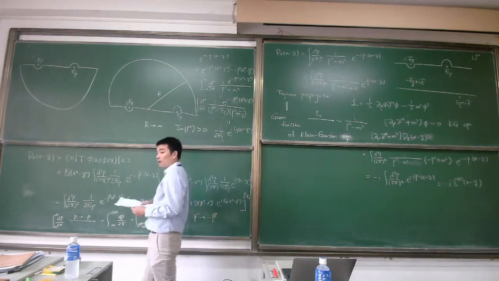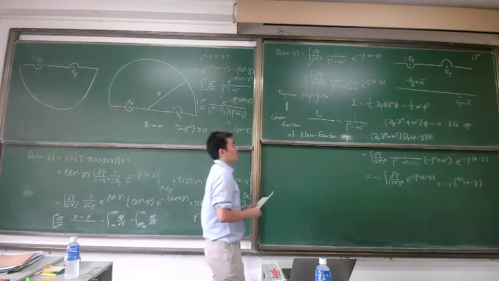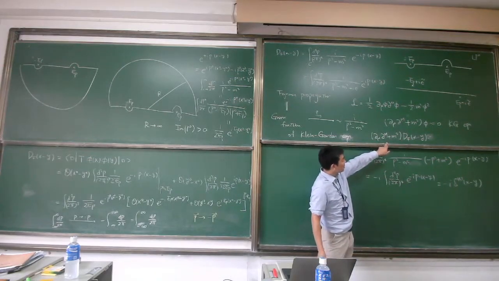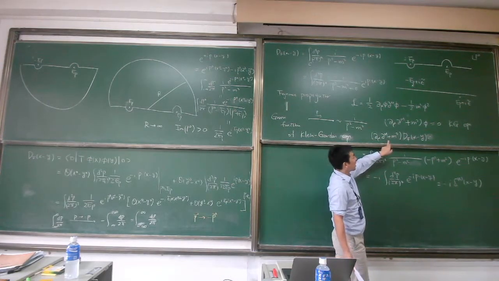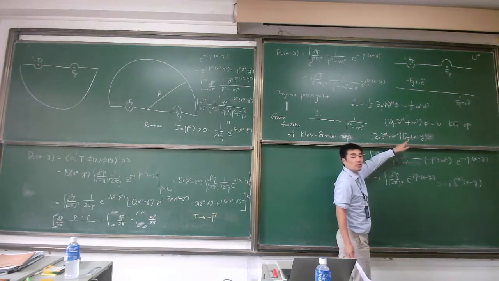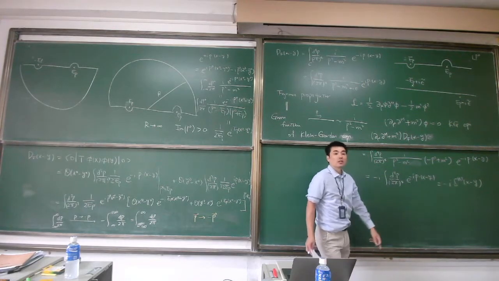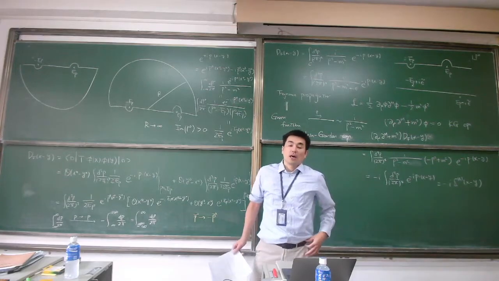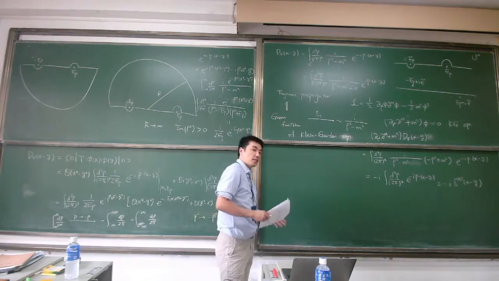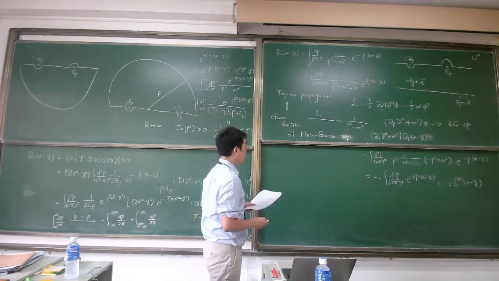So if you plug the Feynman propagator into the equation of motion, you get the delta function. This means that the Feynman propagator is just a Green function of the Klein-Gordon equation.